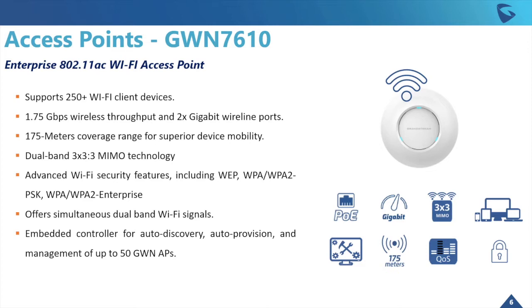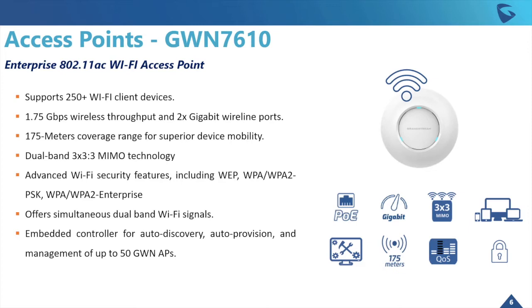Regarding the Wi-Fi encryption protocols, the GWN 7610 supports WEP, WPA, WPA2 pre-shared key, WPA and WPA2 enterprise. And just a quick review of these security protocols. WEP stands for Wired Equivalent Privacy, and that was the original encryption protocol developed for wireless networks.